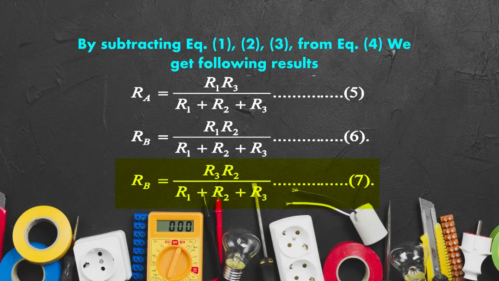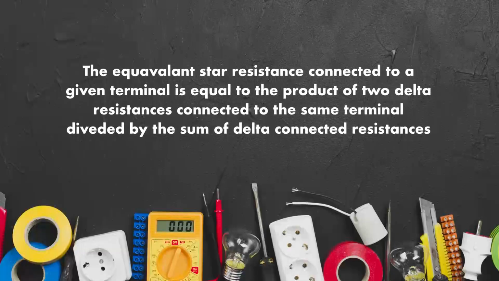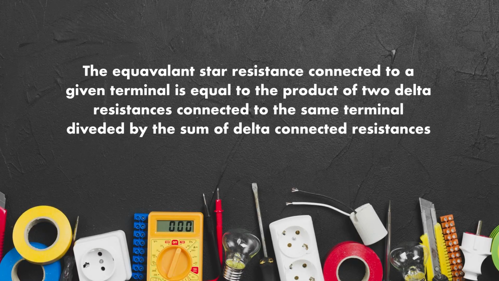And on the basis of this, RC can also be written as R3 into R2 upon R1 plus R2 plus R3. This can be termed as equation number 7. So the equivalent star resistance connected to a given terminal is equal to the product of two delta resistances connected to the same terminal divided by the sum of the delta connected resistances.